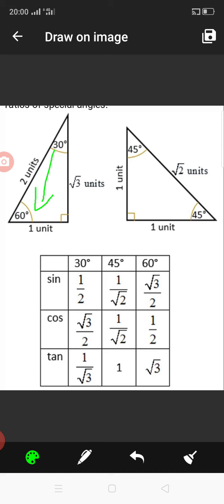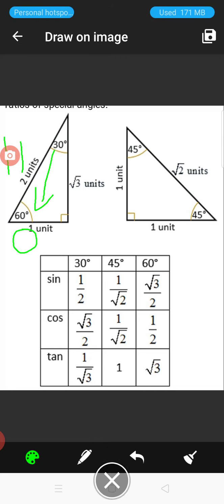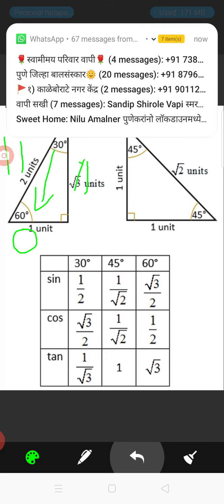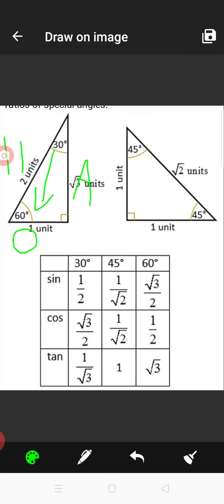This is the 30 degree angle. For the 30 degree angle, the opposite side is 1, the hypotenuse is equal to 2, and the adjacent side will be square root 3. Then for 30 degrees, sine of theta means opposite upon hypotenuse, which is 1 by 2.